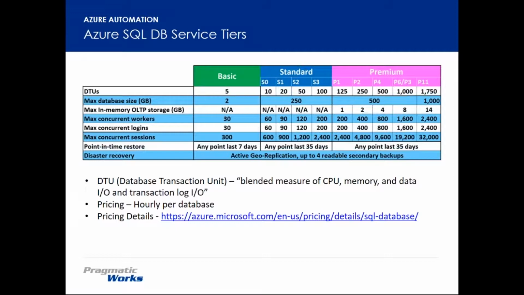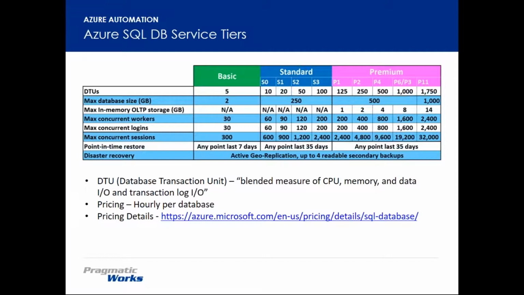Now, for those on the call that have some experience with Azure SQL Database, you may notice that I am missing a tier on here. This slide, I've used before. It's maybe a year old, give or take, but there is another service tier that would appear on the right, which is the P15, which is rated for 4,000 DTUs.